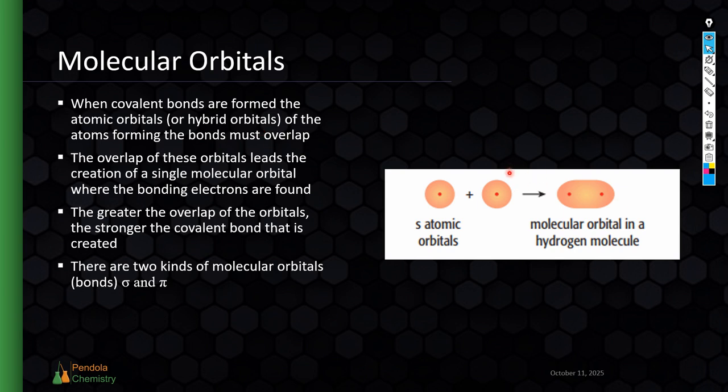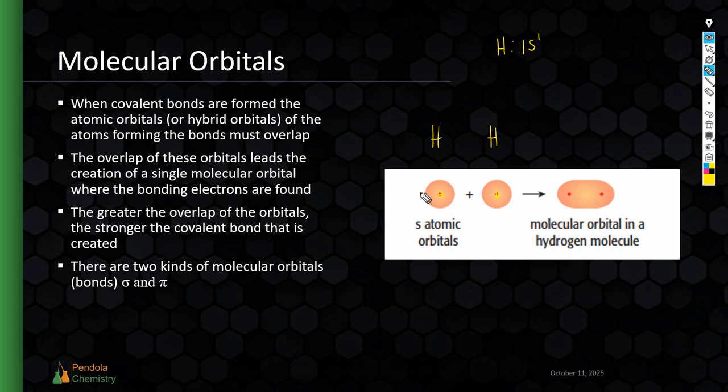So, for example, in a very simple, straightforward example, if we have a hydrogen and a hydrogen trying to bond with each other, those hydrogens consist of just an s orbital. Now, hydrogens don't undergo hybridization because hydrogen's whole electron configuration is 1s1.